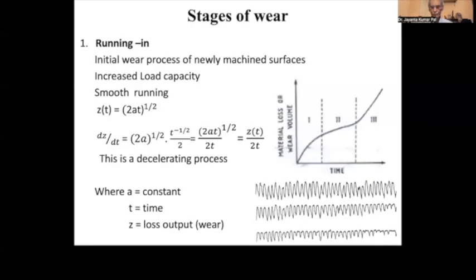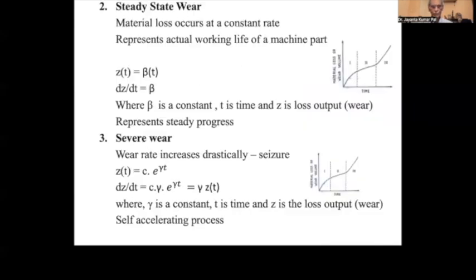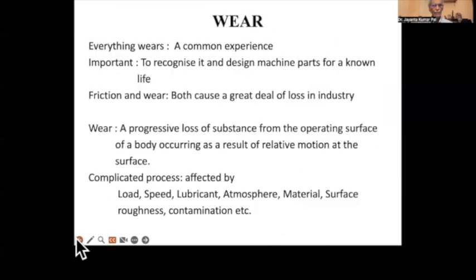Now, there are two terms we have been using in this lecture, friction and wear. Both are loss outputs in the industry, and in any component or any part that we use every day.